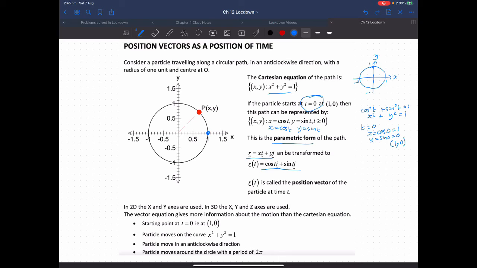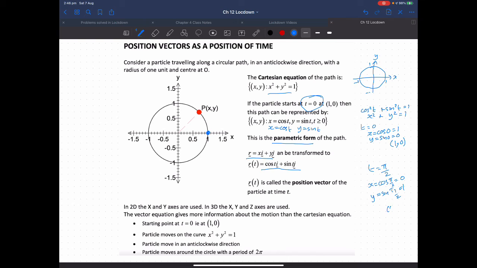For instance, if I said time was equal to pi over 2, then x would equal the cosine of pi over 2. The cosine of pi over 2 is 0. Y would equal the sine of pi on 2. The sine of pi on 2 is 1.